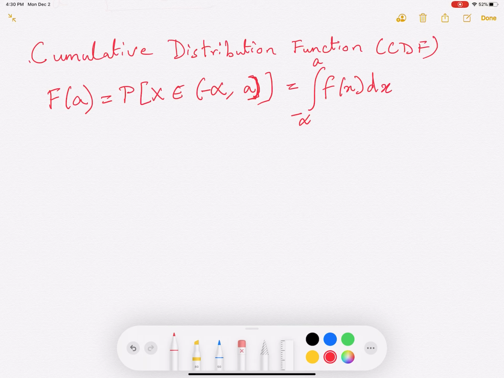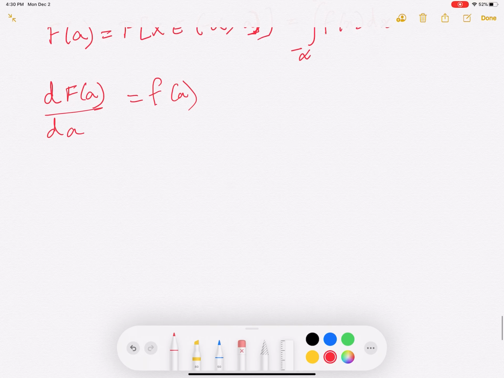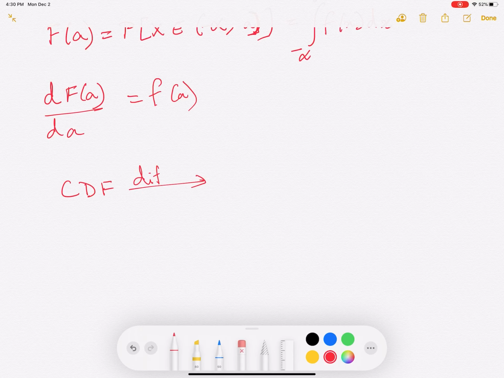And you just want to remember one thing: if you differentiate F of a, that is capital F of a, with respect to a, you will get f of a. So if you differentiate the CDF, you get the PDF.